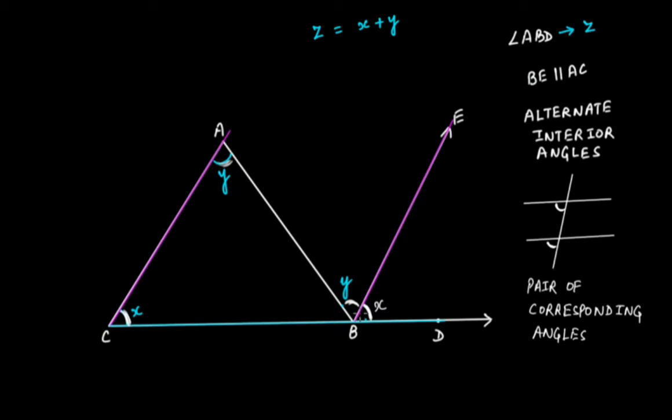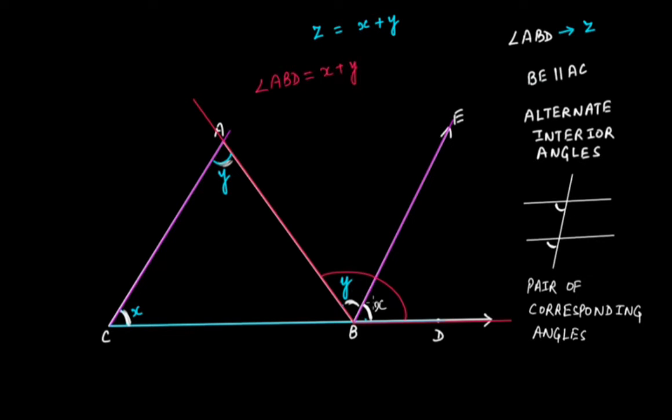Therefore, you can see that now we have proved that angle ABD is what actually? This whole angle is what actually? Let me draw here. If I have to draw it, this angle ABD is equal to X plus Y, right?